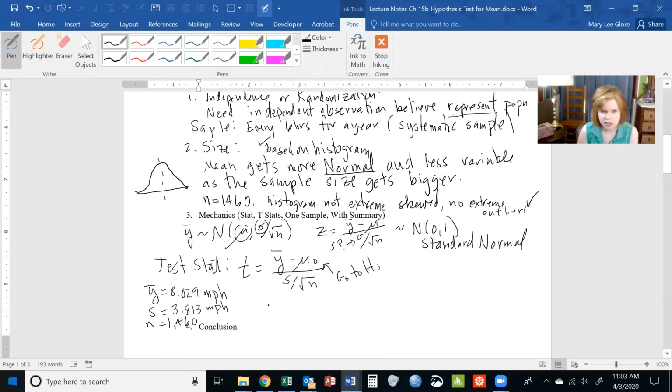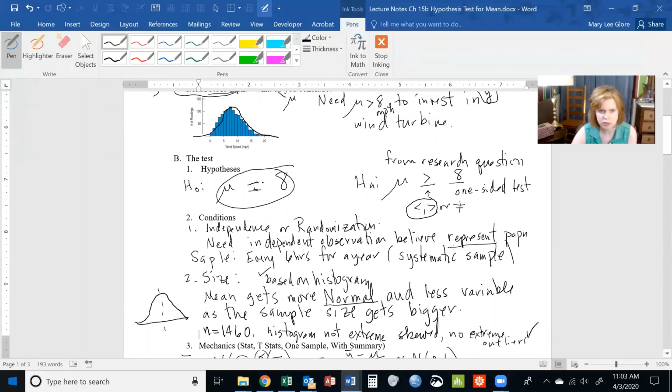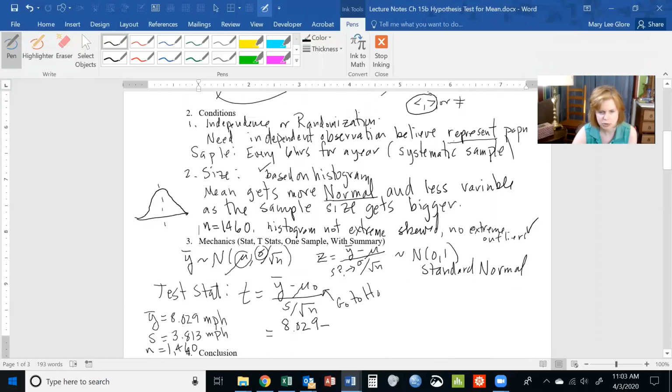So my test statistic is Y bar, which is 8.029, minus the mu from H0, which is 8. That's what I'm trying to prove; I'm trying to prove it's bigger than 8. Then S is 3.813, and I divide by the square root of 1,460.